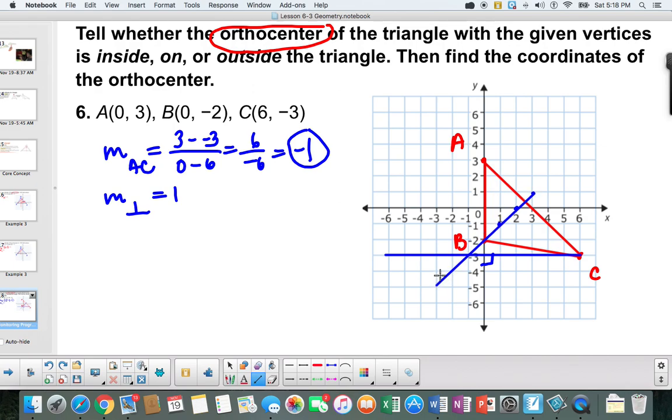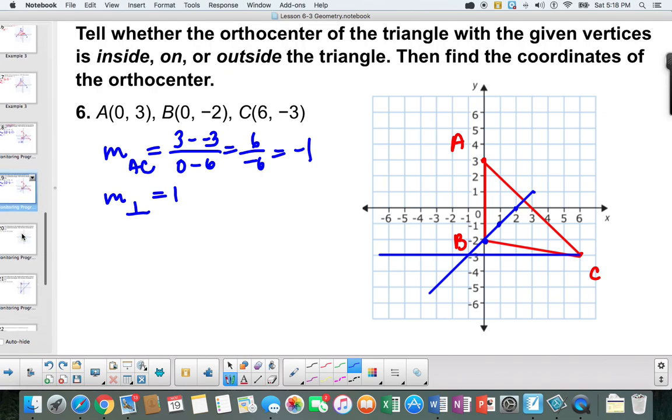And when I draw my line, the altitudes all meet right here at this point, -1, -3, and that's going to be my orthocenter, and it happens to be outside of the triangle.